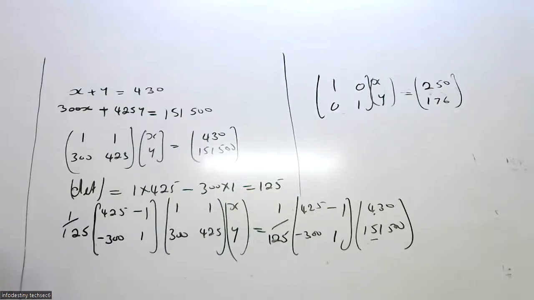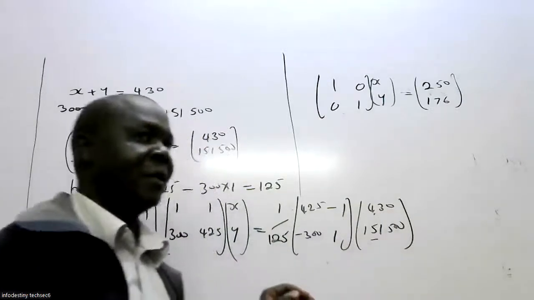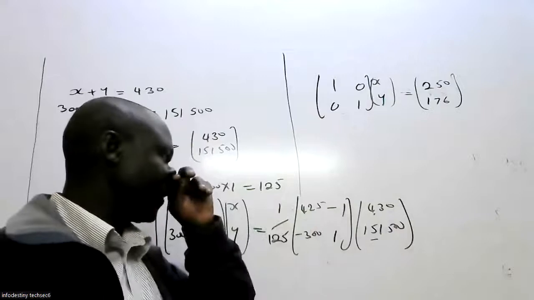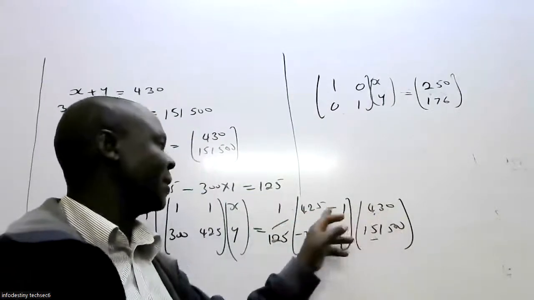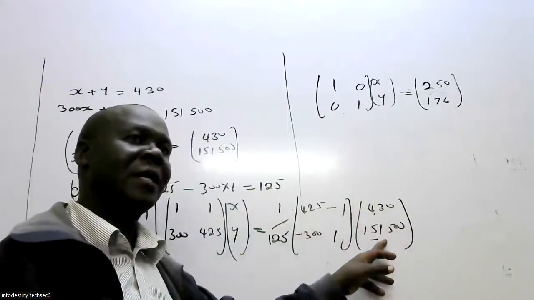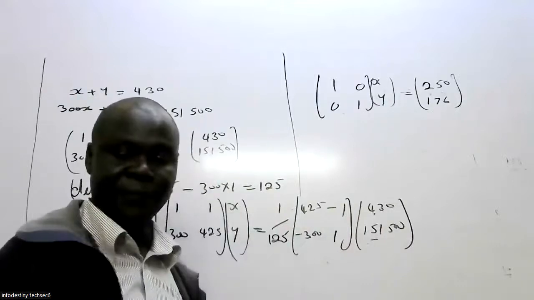See, 425 times 430. It's 430 times, it is negative 300 times 430. That's what is 425. 425 times this plus this one times this. We are together. So 2 plus 151, 500.